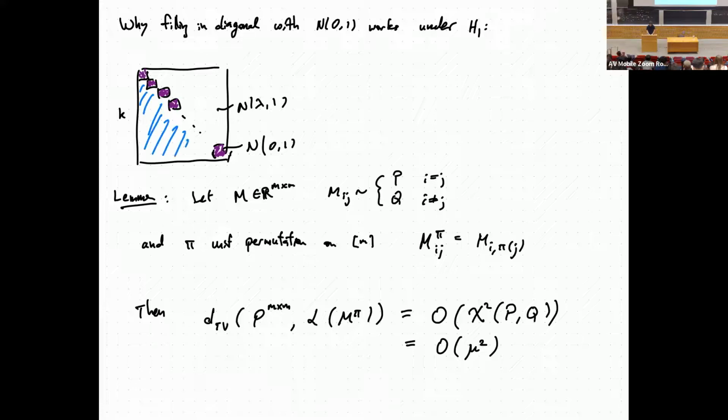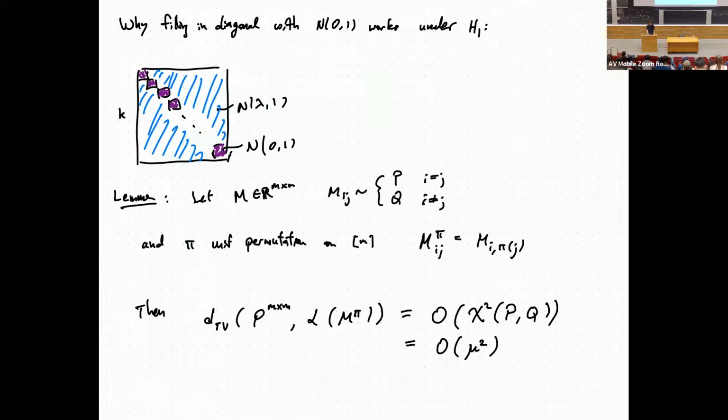Everything here is Gaussian with mean lambda. And maybe again, just to emphasize, the reason we can analyze the situation where this is precisely the correct distribution, Gaussian with mean lambda and everything else Gaussian with mean 0, is because of this composition lemma that lets us always assume that the input is what we wish it was.